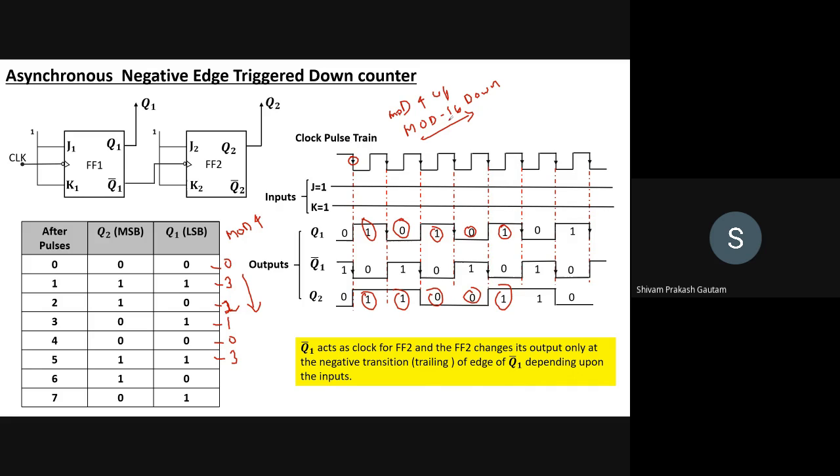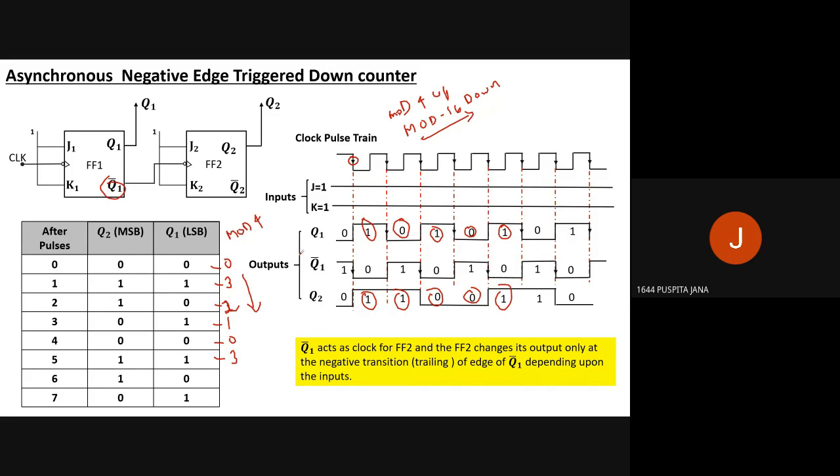Down counter means the negative output of the first flip-flop will act as a clock to the second flip-flop. You can read what has been written here as well, which I have already covered. Is this slide clear?